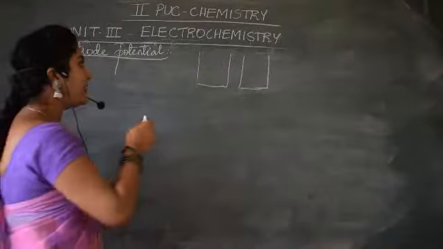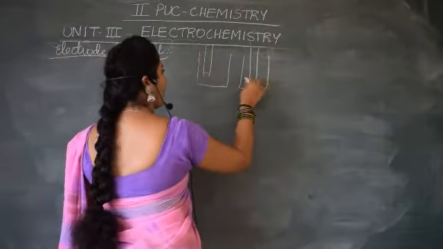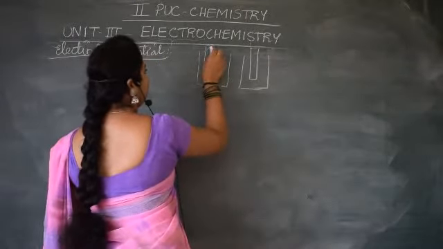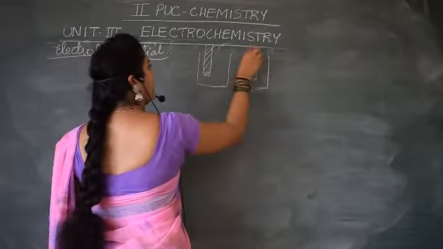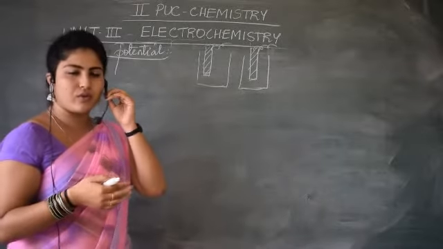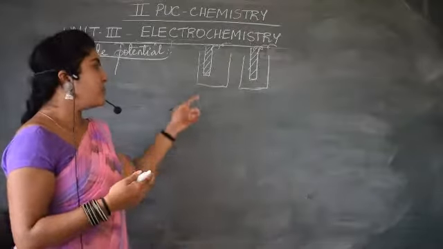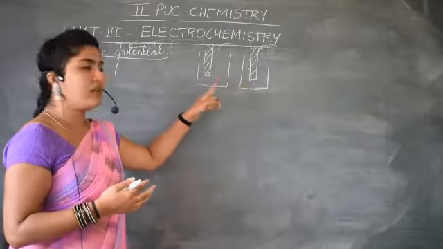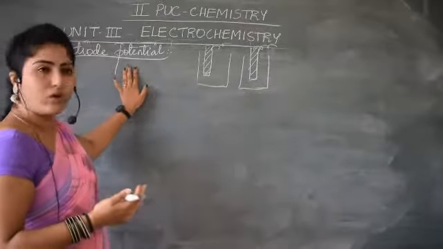For example, if we have one electrode here, and one more electrode dipped in another solution, then the potential difference, that is the voltage difference, you know, isn't it? Potential, voltage, one and the same. So the potential difference between the two electrodes is called the electrode potential.